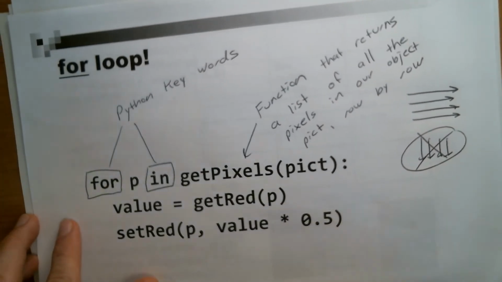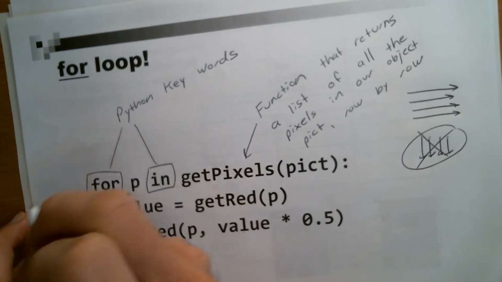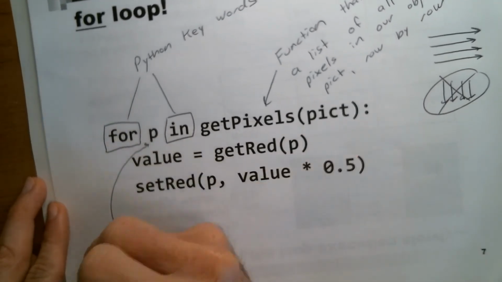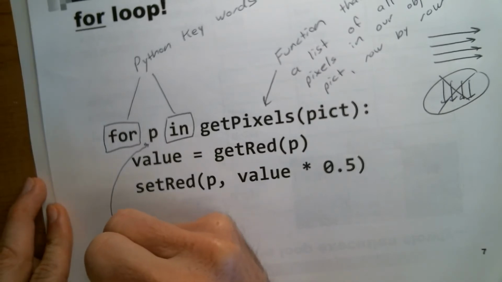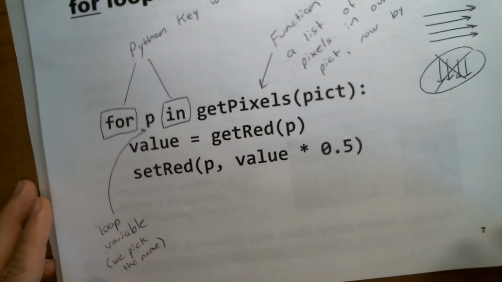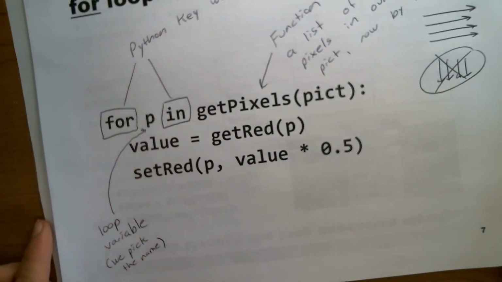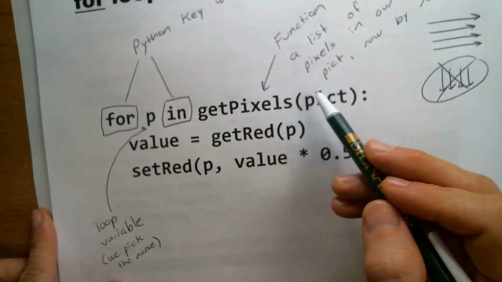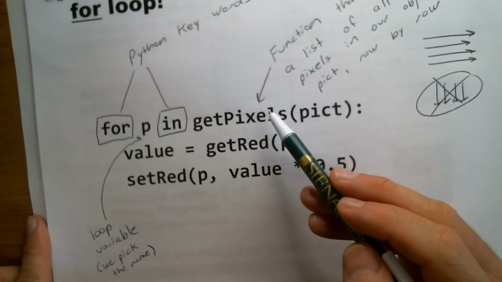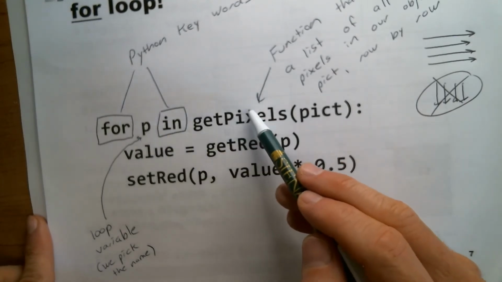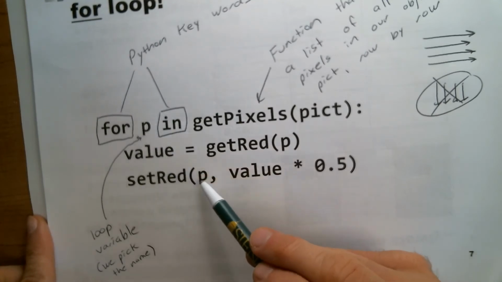All right, and then this is what we call our loop variable. The P there is our loop variable, and we pick the name. It didn't have to be P. I chose P because P is short for pixel. So what this loop is going to do is go through this list one by one, and it's going to assign each pixel to P. So the very first pixel is going to get assigned to P. This code is going to run.